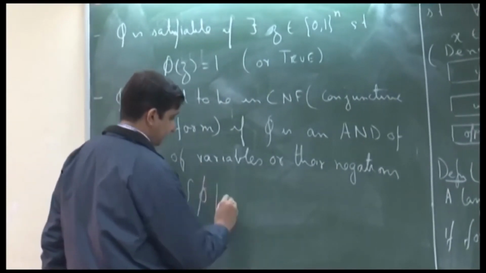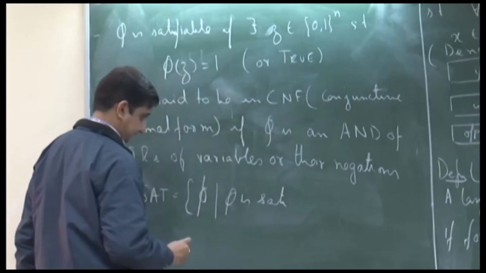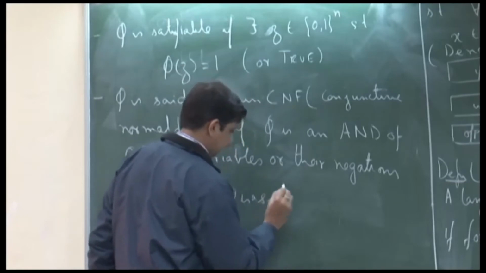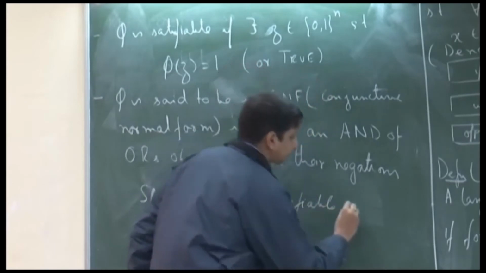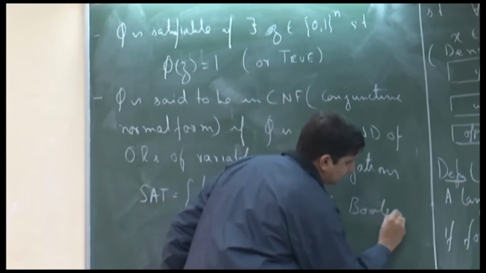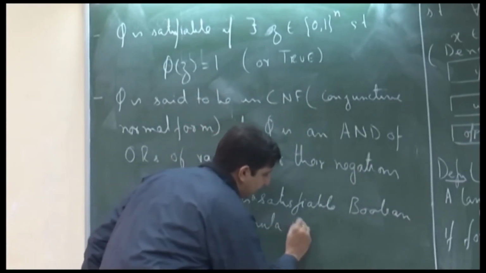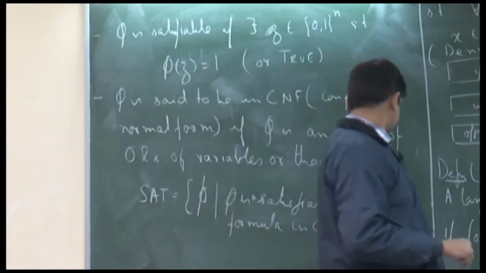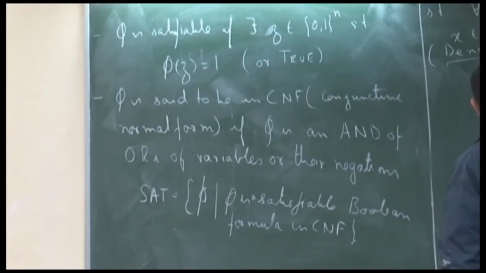The set of all formulas such that phi is a satisfiable Boolean formula in conjunctive normal form. Okay. So, we will see this proof for the remaining part of our talk.